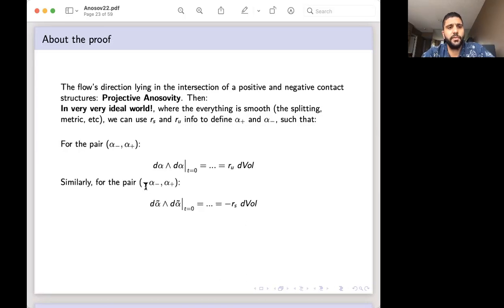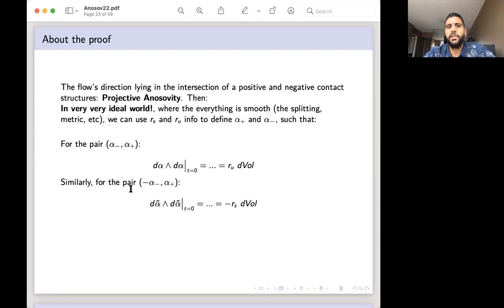Similarly, if I carry out the same computation for minus alpha minus and alpha plus, and look at their linear interpolation, alpha tilde, inside my 4-manifold, I can measure d alpha tilde in the middle of that interpolation and see that it is equal to minus RS times some appropriate volume form.